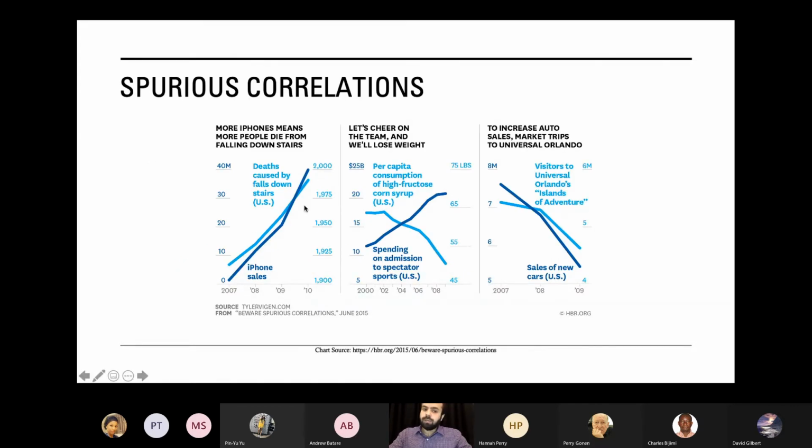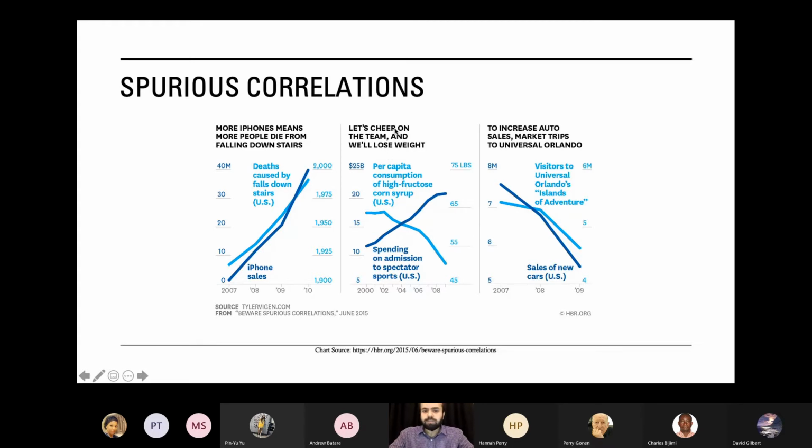We have these two different time series data that show that deaths caused by people falling from staircases are extremely positively correlated with iPhone sales. So does that mean more iPhones mean more people dying from falling downstairs? And the more money spent on admission to spectator sports is strongly negatively correlated with per capita consumption of high fructose corn syrup.